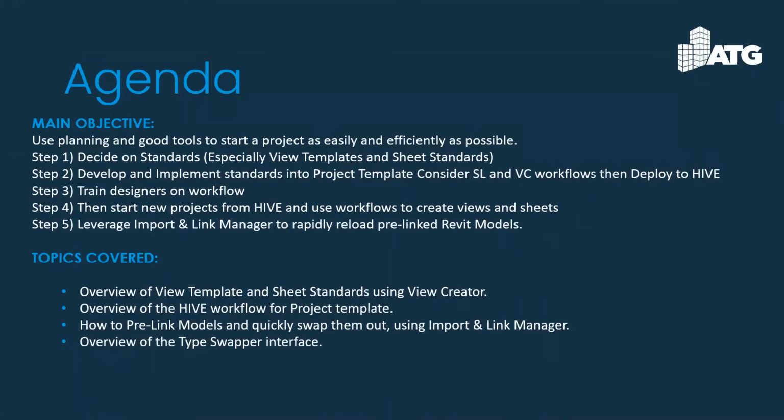We're also going to talk about how you leverage the Hive platform for our project templates, how we can pre-position linked models and how we can quickly swap them out, and how we can QA QC using a type swapper to really clean up and make sure our items are good to go.